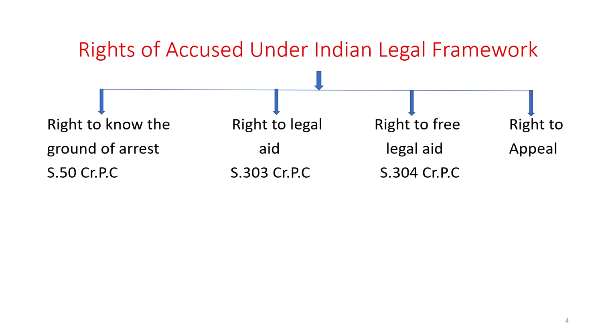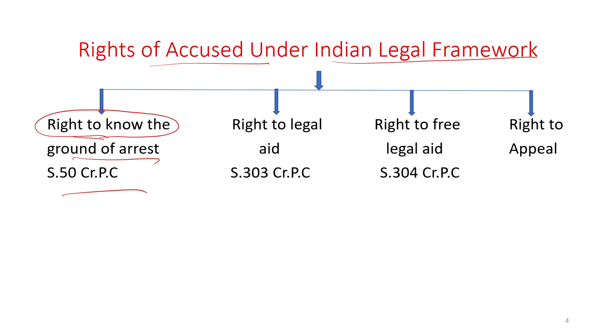With the help of this slide, I would like to throw some light on the rights of the accused under the Indian legal framework. The first important thing is the right to know the ground of arrest. This is the most significant provision of the Criminal Procedure Code 1973, that every arrested person has the right to know the ground of arrest, and this right is recognized under section 50 of the CrPC.